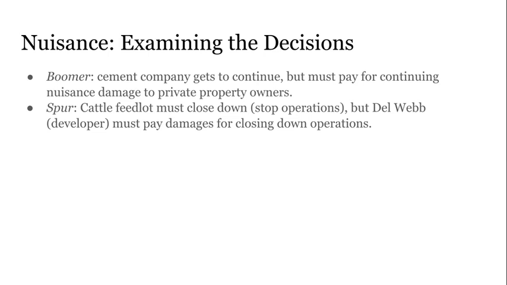And of course, the outcome here is you have much better air quality overall through the stopping of the cattle feedlot and the offending activity, let's call it. So in this case, the majority of individuals win out, and the natural environment as a byproduct wins. But in each case, we can see how the environment is definitely a secondary consideration and maybe even a tertiary consideration under nuisance as a mechanism for controlling pollution.